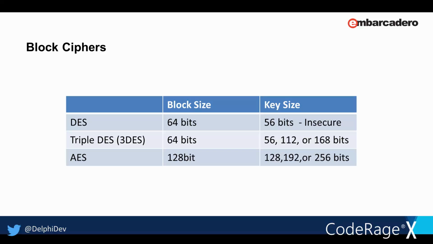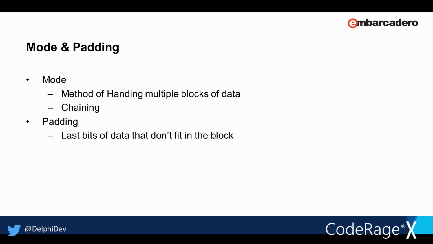We have lots of data that we need to encrypt that's much larger than this, and so we have lots of different ways to deal with that. What we have is something called mode and padding. Mode is the method of handling these multiple blocks of data.